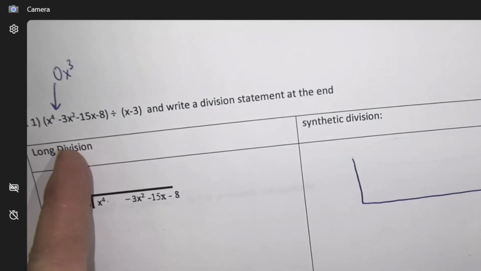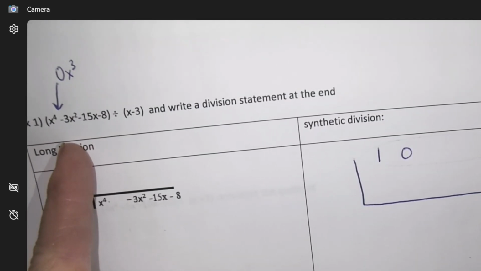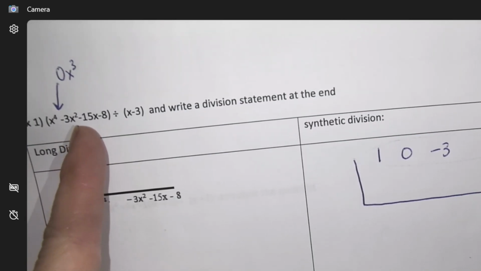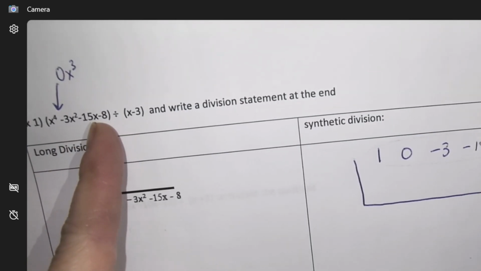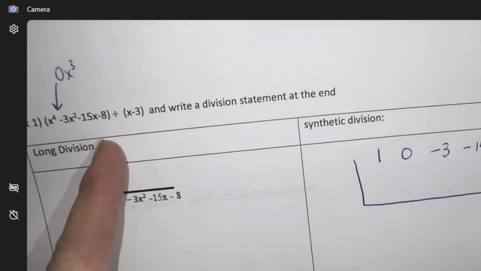Okay, so here I go. 1 for x fourth, 0 x cubed, negative 3 x squared, negative 15 x, and then negative 8, because they have x to the 0 technically, right?